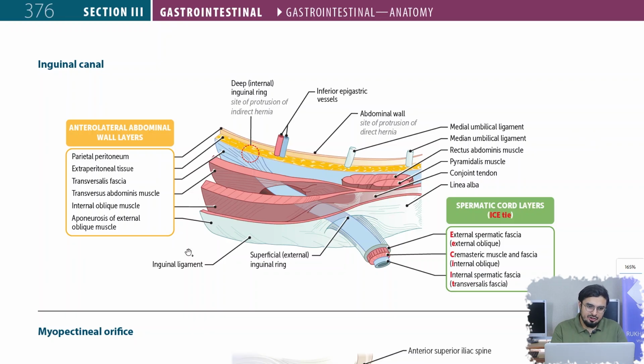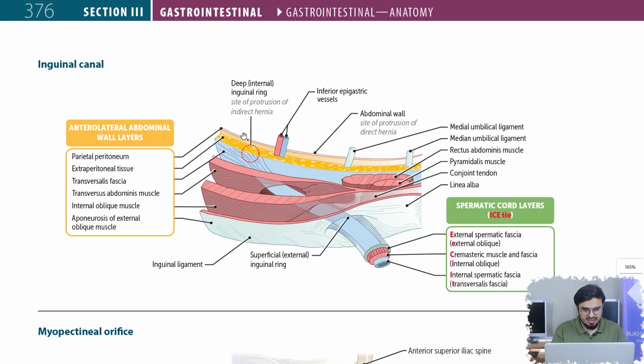This is the anterolateral abdominal wall layers. These are important in terms of urological procedures, gynecological procedures, and even for general surgeons. Let's say if they want to approach a patient with a particular hernia, they might open up the wall around here or here, depending on the pathology's location.